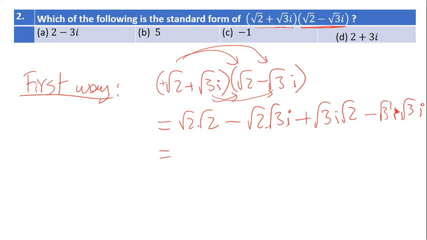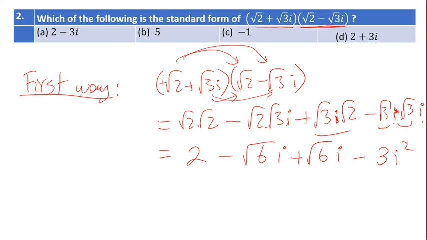Then this will be 2, and this will be square root 6i. Here again, you can move i to the back, so you will get square root 6i. And here this will be square root 3 times square root 3, times i squared. So you got 2 minus... they are like terms.